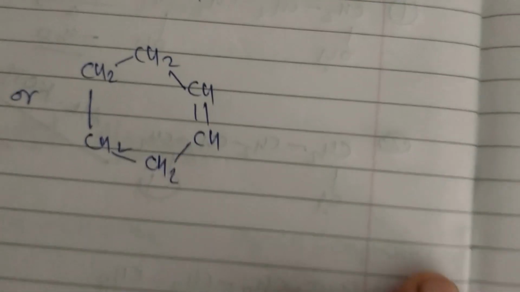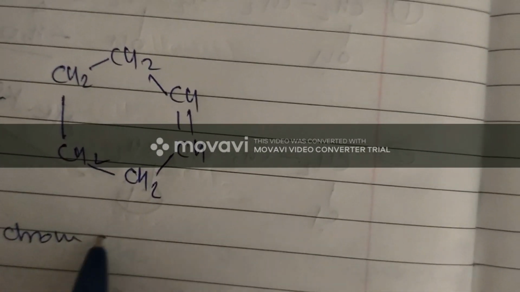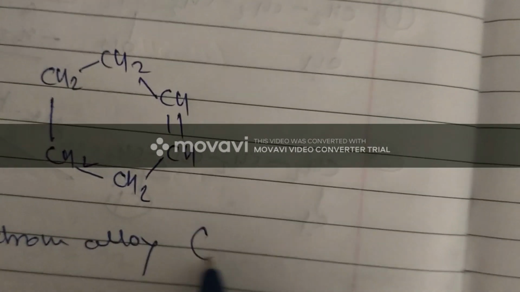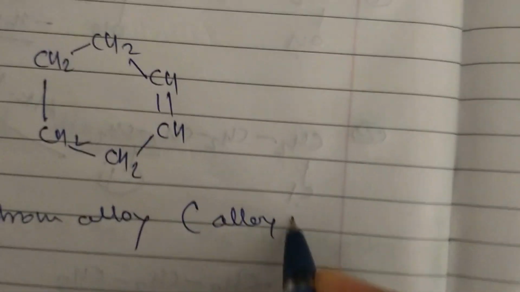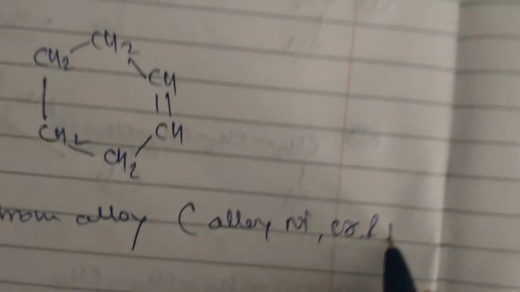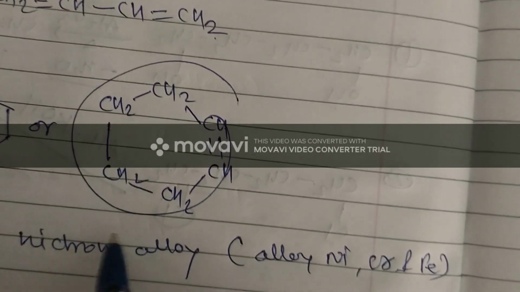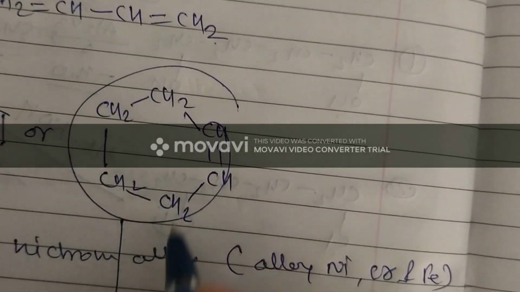When the vapors of the cyclohexene are passed over hot nichrome alloy. What is nichrome alloy? It is an alloy of nickel, chromium and iron.